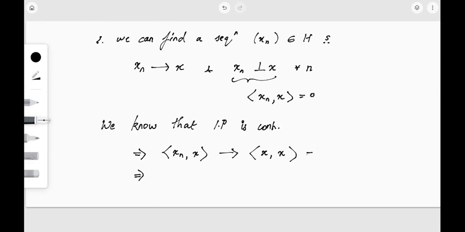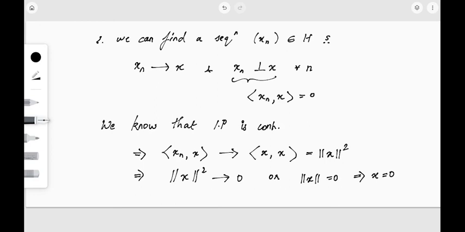This is nothing but the relation between inner product and norm. This will be norm x square. So we can conclude that norm x square tends to 0, or we can say that norm x will be 0, and from this we obtain that x has to be 0 by the property of norm.